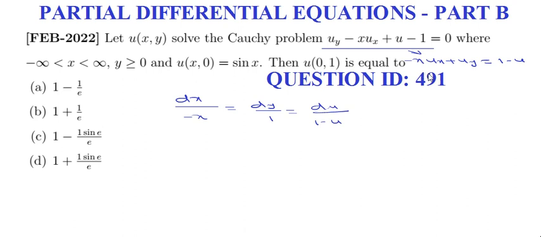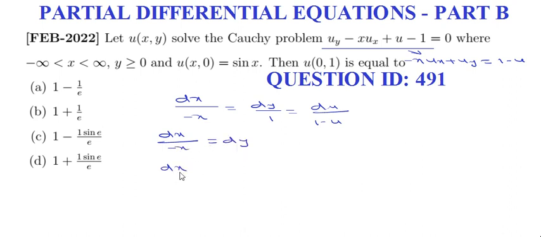The coefficient of u_x will come in the denominator of dx, and similarly we have dx by minus x equal to dy by 1 equal to du by 1 minus u. So we need to find two functions. We take the first two, dx by minus x equal to dy.